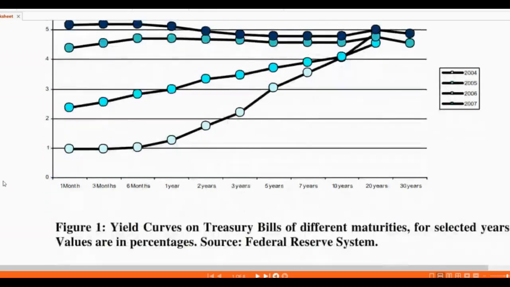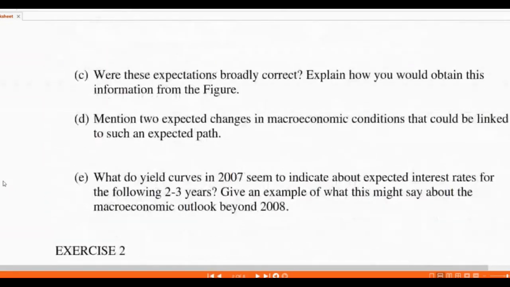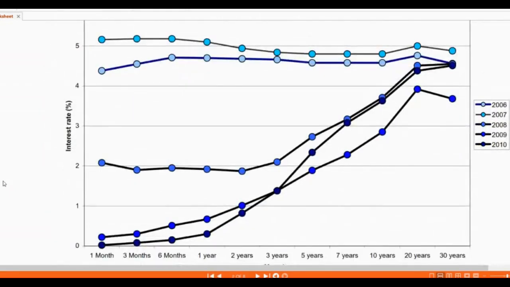So let me roll down so you can look at a few more. This is actually what happens next. This is 2006. This is 2007. This is 2008, the whole curve. 2009, and this dark one is 2010.